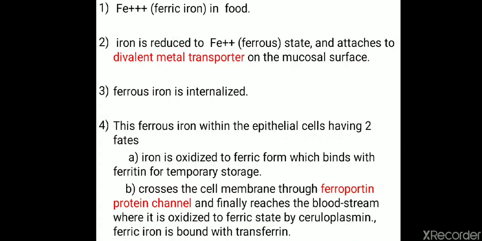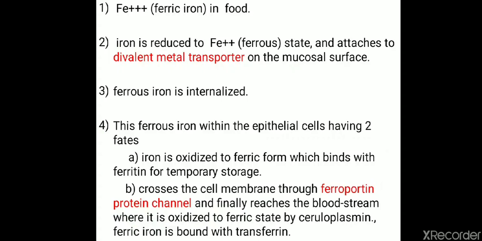So ferric ion is present in the food item, that is the oxidized form of iron, and this ion is reduced into the ferrous state and attached to the divalent metal transporter on the mucosal surface, and this ferrous ion is internalized. This ferrous ion within the epithelial cell has two metabolic fates.